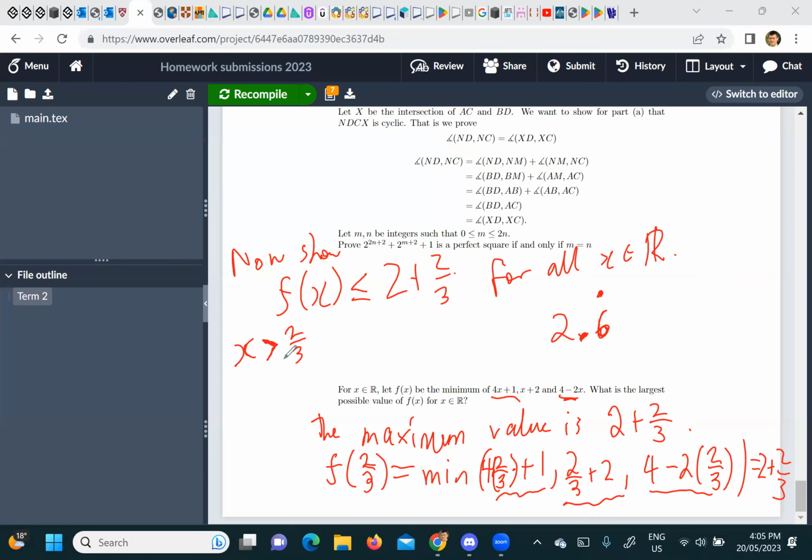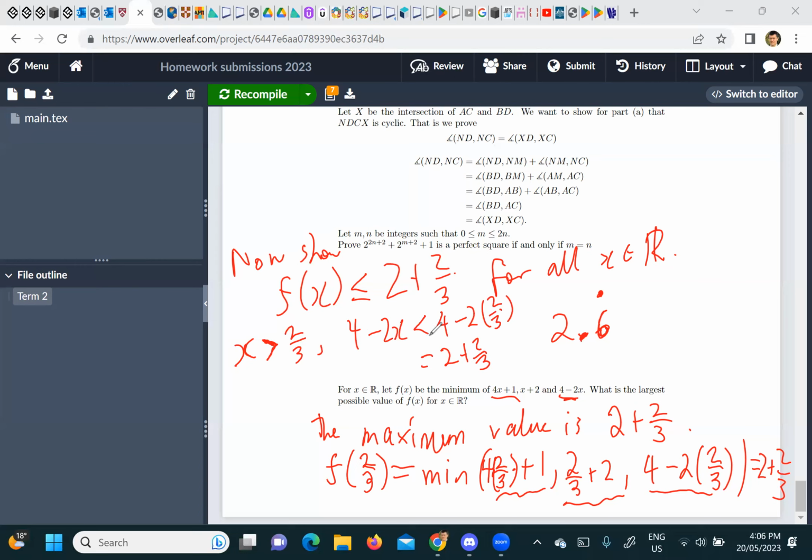Then 4 minus 2x is less than 4 minus 2 times 2/3, which is 2 plus 2/3. And we know that f of x is less than or equal to 4 minus 2x.